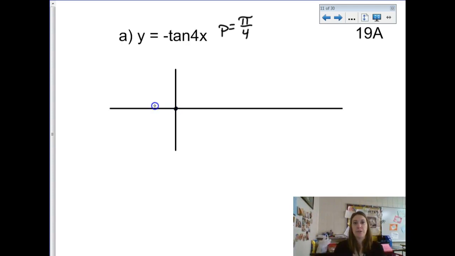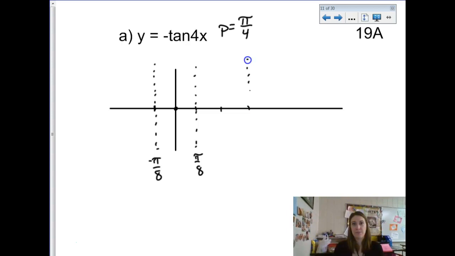Well, here, what's going to happen is this first vertical asymptote, instead of being at pi over 2, is going to have to split the period of pi over 4 in half. So pi over 4 cut in half is pi over 8. So this would be negative pi over 8. So in theory I should be counting off by pi over 8s.